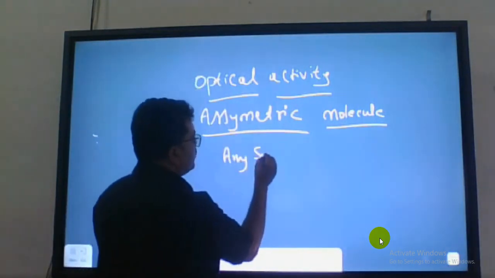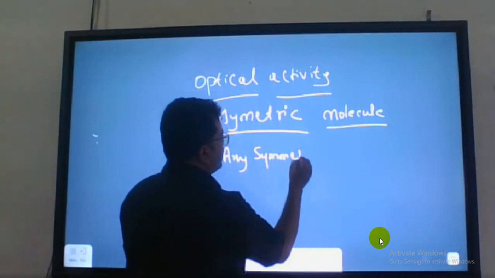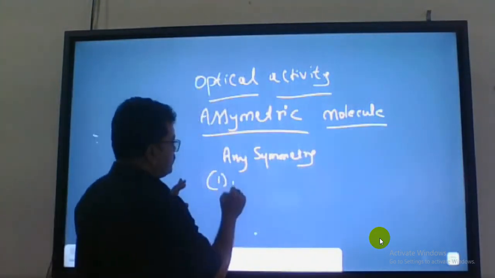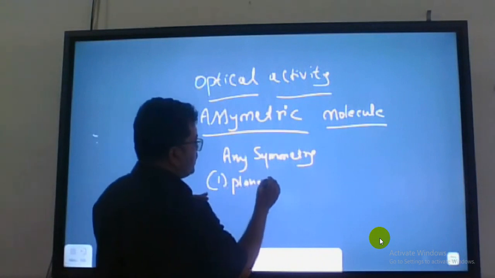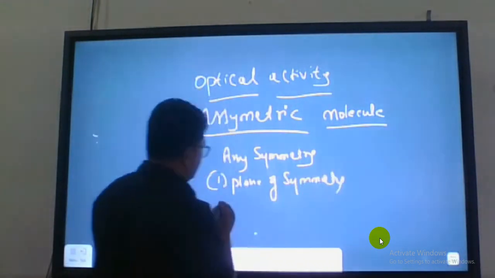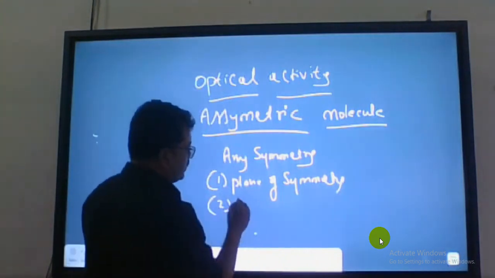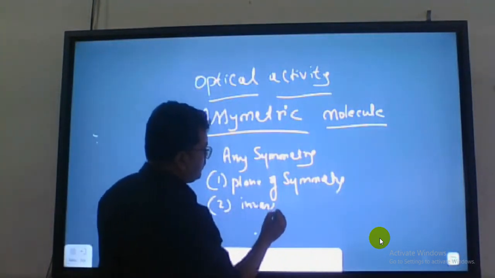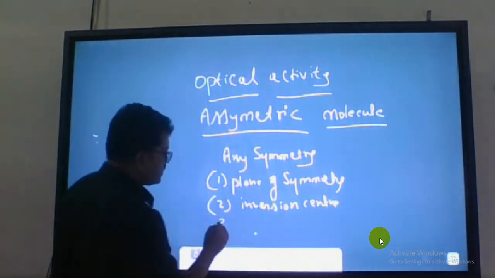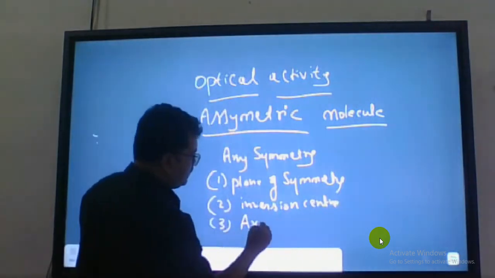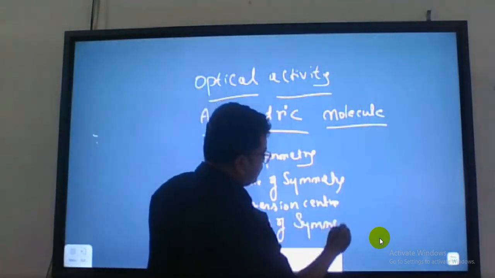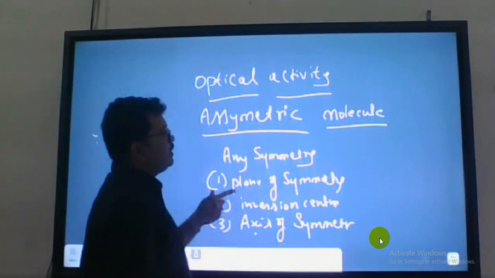No symmetry means the molecule should not possess a plane of symmetry and an inversion center. Next, the axis of symmetry. It should not possess any symmetry.